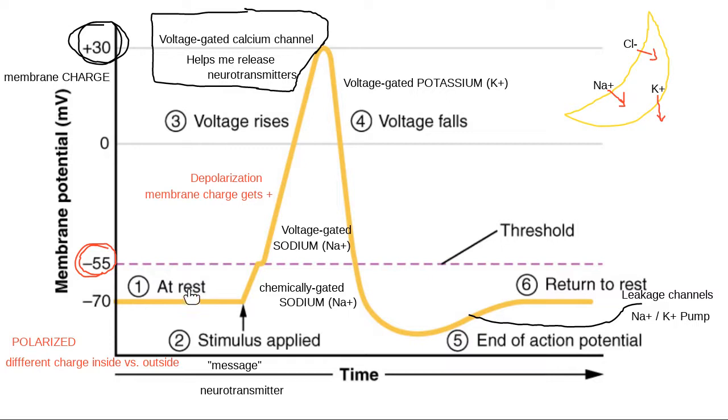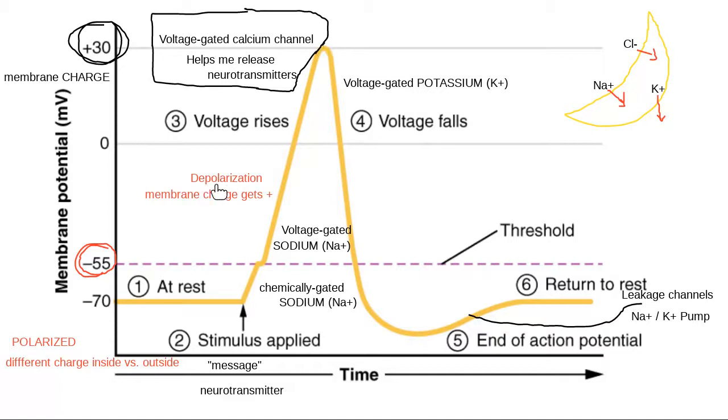When a cell is at rest, it has a charge of -70. Our cells, polarized with their different charge inside and outside, are at -70. When I get more positive, even just a little bit more positive, we call that depolarization, making my membrane charge more positive.